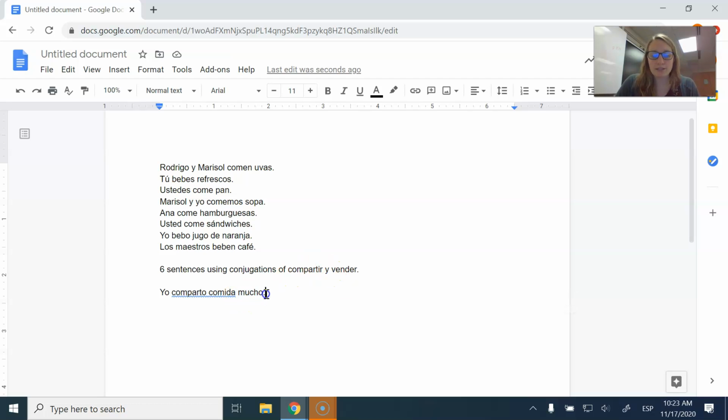I share food a lot. If I want to say I share a lot of food, that's when I'm going to put it in front of my word and make it match in number and gender. So we have missed that a lot on different writing assessments and stuff. So I share a lot of food versus I share food a lot. So this one's I share a lot of food, or yo comparto mucha comida.